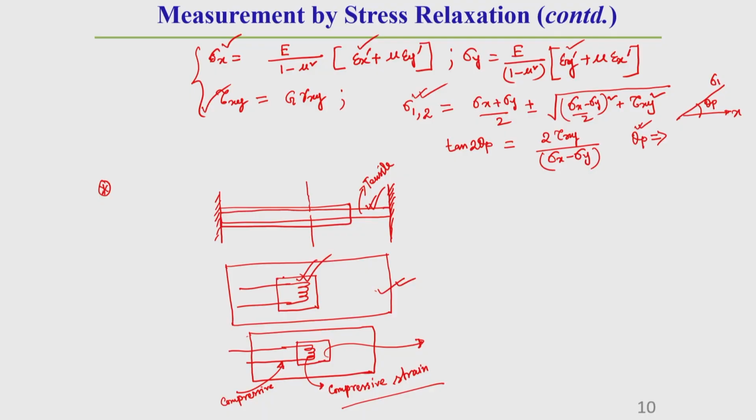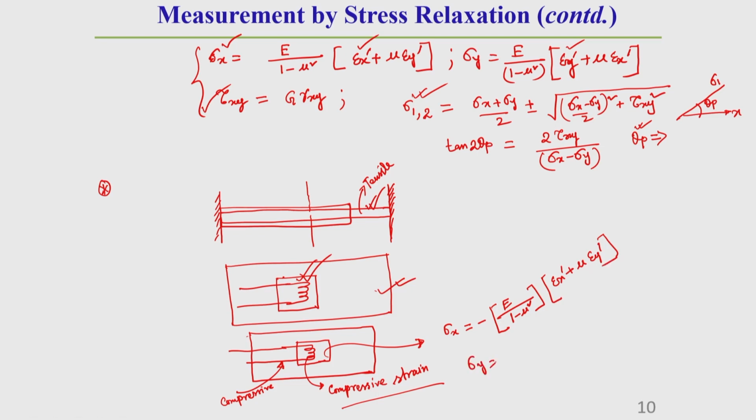So, to find sigma x and sigma y using the strain gauge, sigma x is equal to minus E by 1 minus mu square into epsilon x dash plus mu epsilon y dash. Keep this in mind.